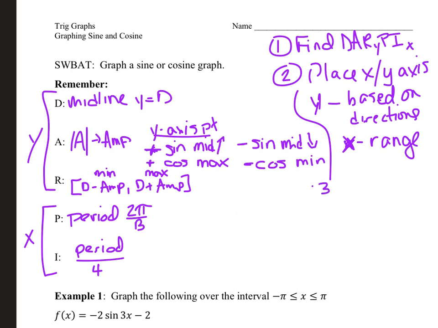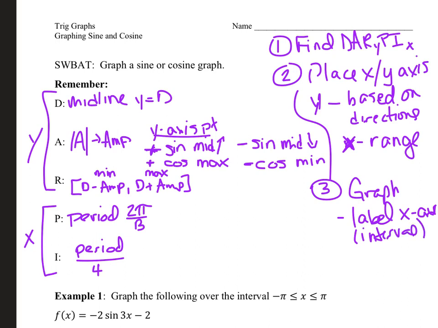And then the last thing you want to do is graph it. There's a few steps to graphing it that we will run through, obviously, but you're going to want to label your x-axis with the interval. That's the funnest part, in my opinion. And label, basically just make it easy for yourself.